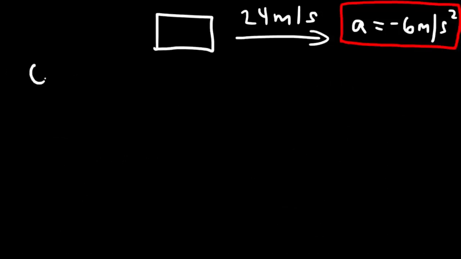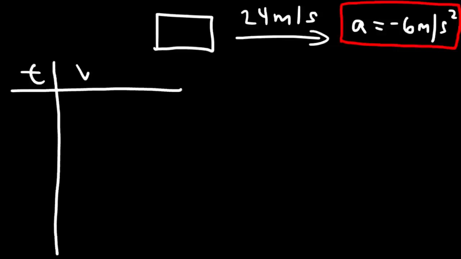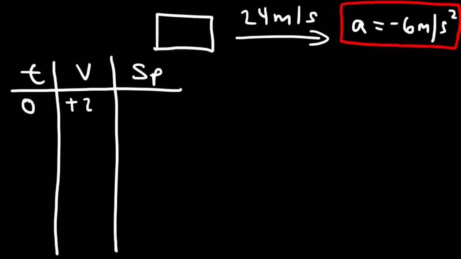So this time, we're going to make a table with time, velocity, and I'm going to use SP for speed. At t equals 0, the velocity is positive 24. And remember, speed is the absolute value of velocity.